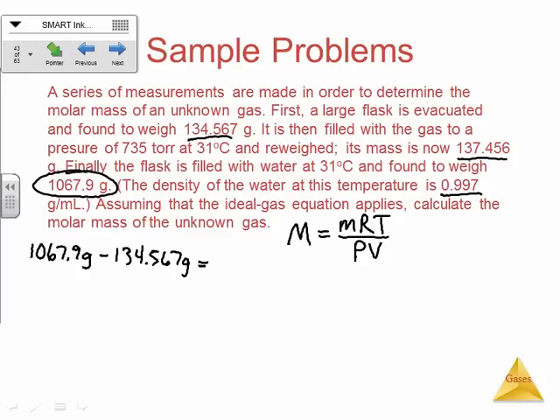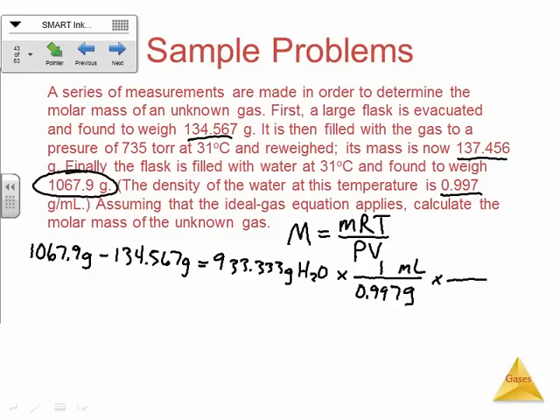I think I did that right. That's grams of H2O, and we know the density of the water. And so the density of the water here is 0.997 grams in 1 milliliter.